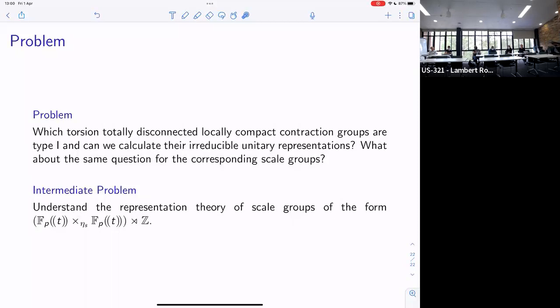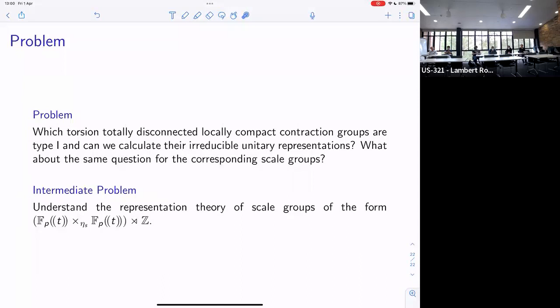In general, I don't think it's understood which p-adic Lie groups are type 1 and not type 1. For instance, unipotent p-adic groups have to be type 1, so we could study the unitary representation theory of scale groups arising from such groups, but in general, it's not understood which p-adic Lie groups are type 1 and not type 1.